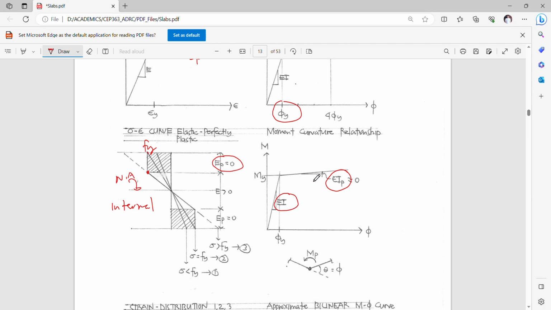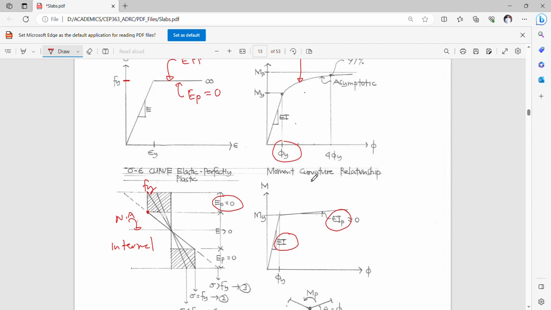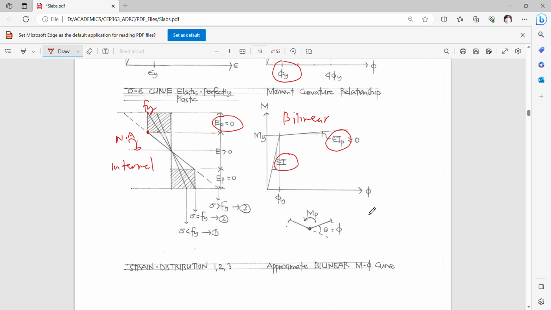Therefore, the slope defined by connecting a point on the yield line and a point somewhere at 4 times your yield curvature defines your bilinear representation of your moment curvature in this regard, and upon which the plastic moment now is computed on the basis of this property defined by the slope of this second line.